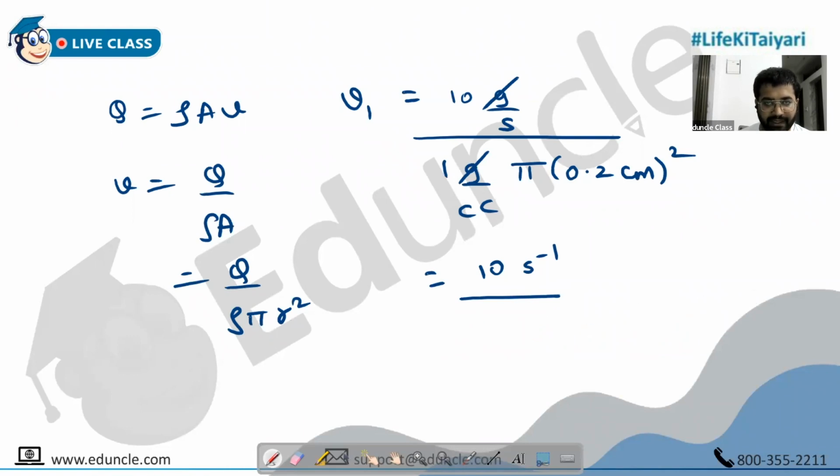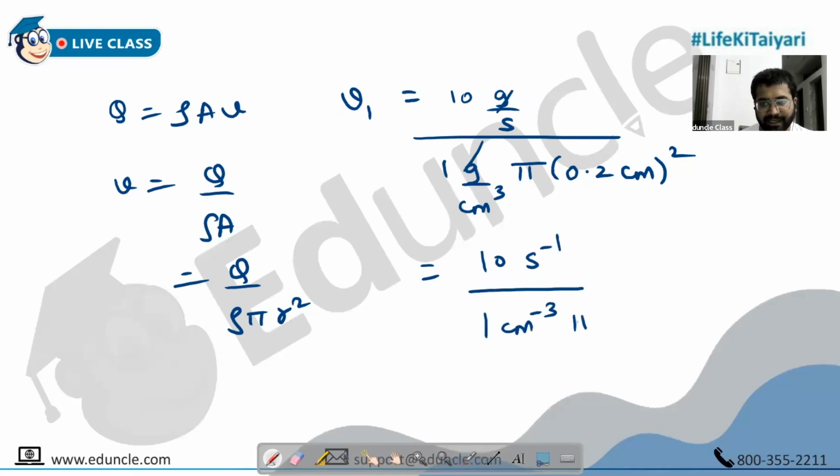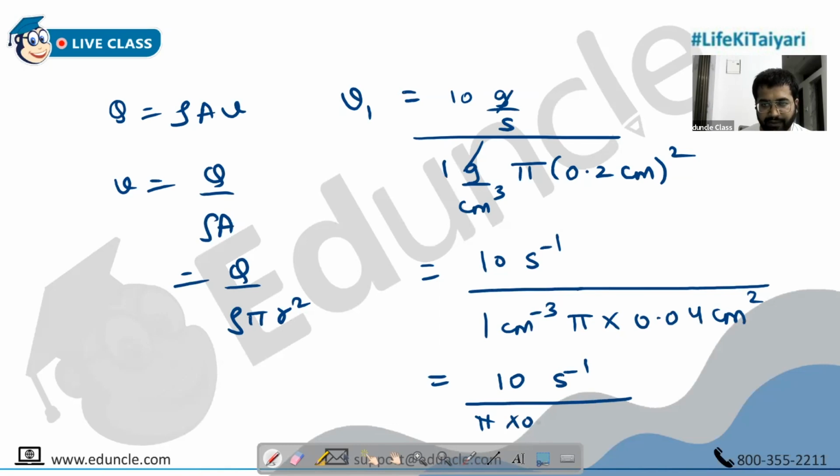I'm going to write CC as centimeter cube. So gram and gram get cancelled. 10 second inverse upon 1 centimeter raised to minus 3, pi, 0.2 square, that's 0.04 centimeter square. So we have 10 second inverse upon pi into 0.04, centimeter raised to minus 1. So centimeter raised to minus 1 goes above, that becomes centimeter. Second raised to minus 1 goes below, that becomes second. I hope you understood the units.